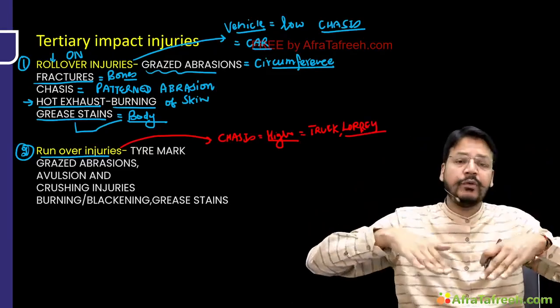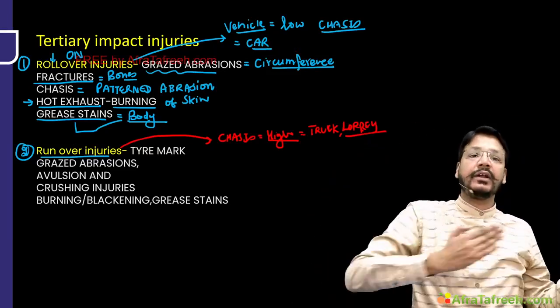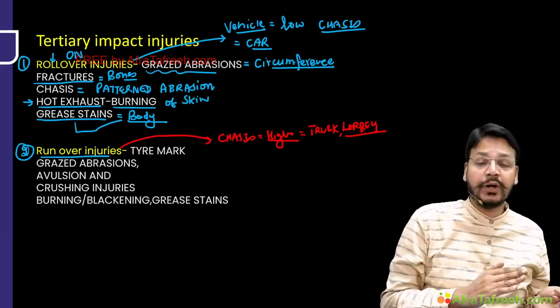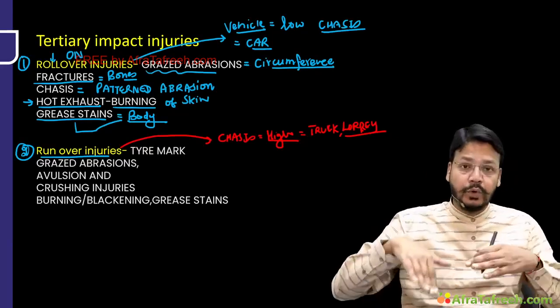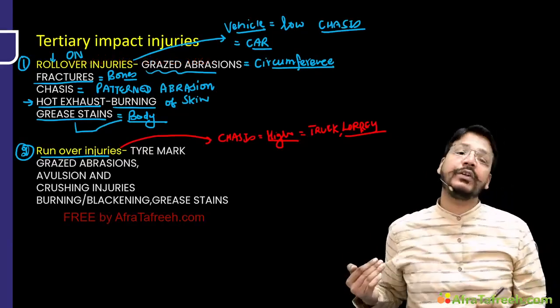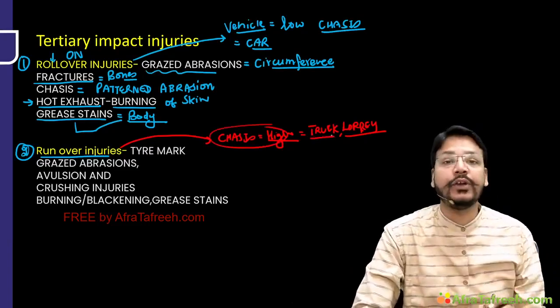This will cause the run over injury, meaning the vehicle will run over your body. Rolled on means you are rolling on, the vehicle is not. Run over means that vehicle is running over your body. That is when the chassis is high, like a truck or heavy lorry.